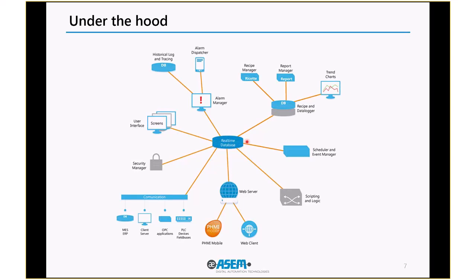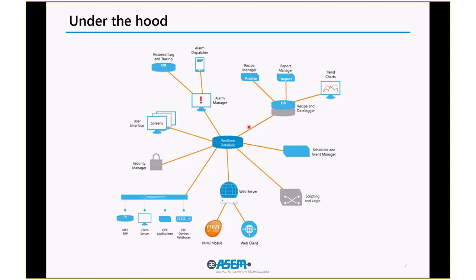So data is there, available, and after that, data is read from all the modules that need to get access to the data. The alarm management does not go directly to the communication, but goes to the real-time database, and this is the same for all the others.